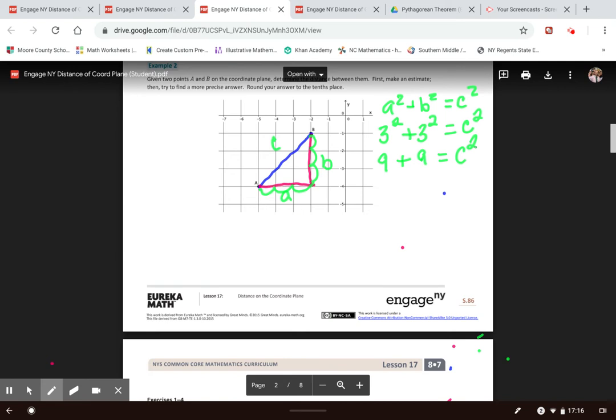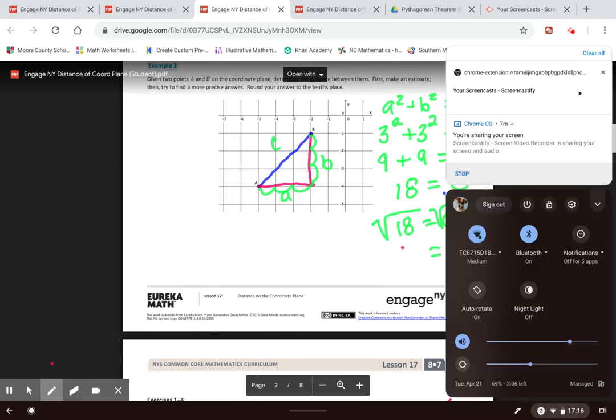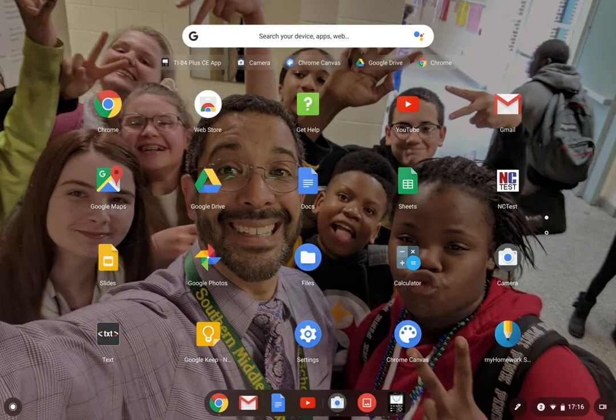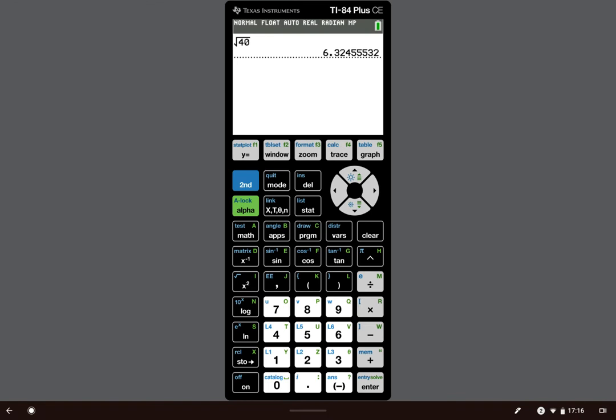All that equals C squared. So 9 plus 9 is 18. So to find the square root of 18, go back to my calculator. And I have 4.2.